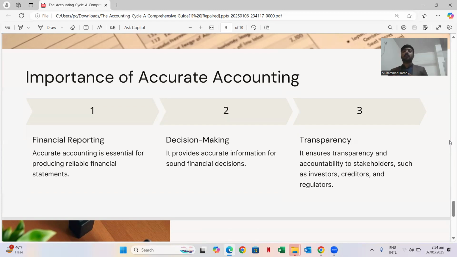If they are not accurately reported, there is a good chance that these businesses are conducting some kind of fraud, or not giving a clear picture of their financial health to their investors and creditors. It is also necessary for decision making, because after analyzing these statements, businesses can make certain decisions. It also ensures transparency and accountability to shareholders.